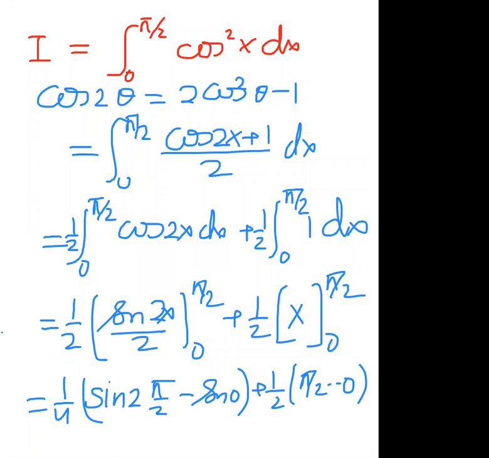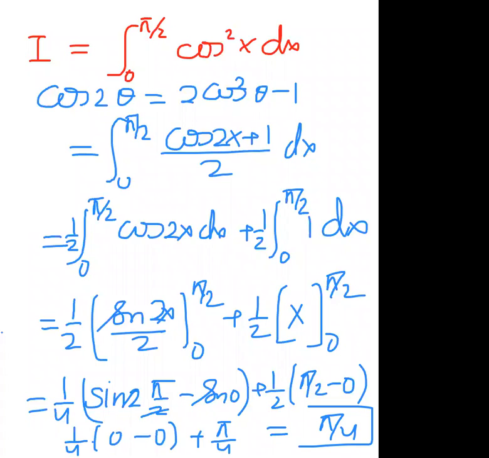Now sin pi has value 0. Sin 0 is 0, minus, sorry, plus pi by 4. So the answer is coming pi by 4. I suppose now with this much you are able to understand how to calculate the definite integral. But with one or two questions we are not able to understand everything. In the coming questions there will be many more things, but still you could go for the questions now.